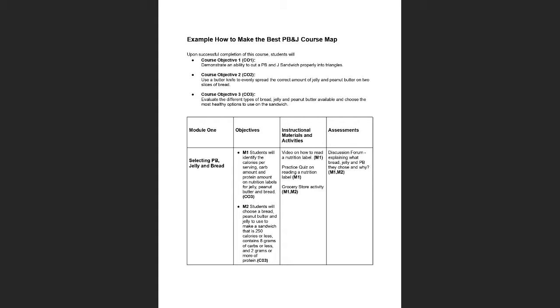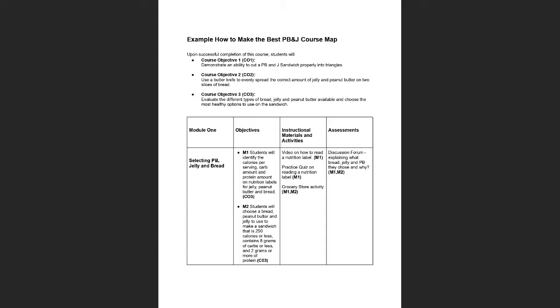First, the students would identify the calories per serving, the carb amount, and the protein amount on nutrition labels for jelly, peanut butter, and bread. Because in order for them to figure out whether something was healthy, and to meet course objective 3, they need to be able to read a nutrition label. So that's one of our objectives for that module.